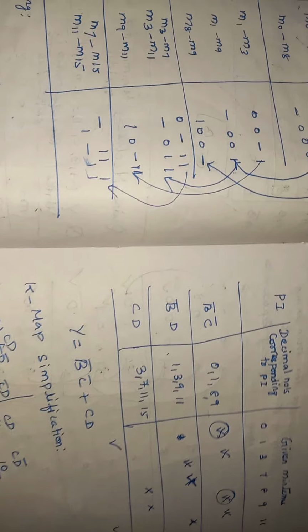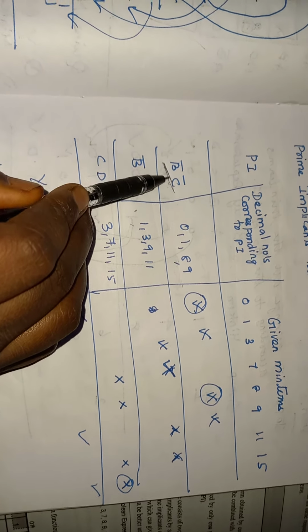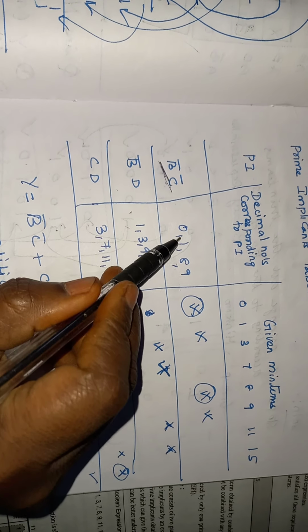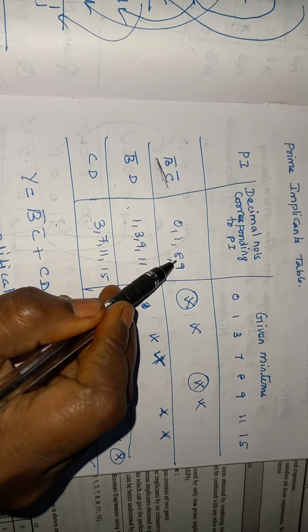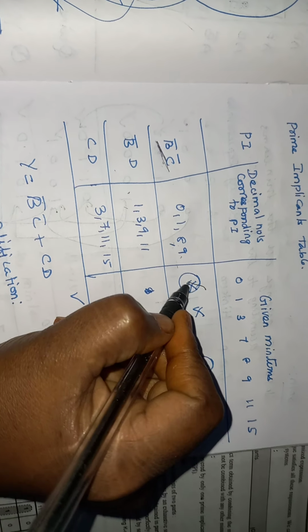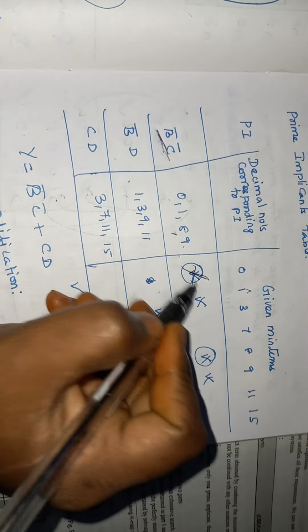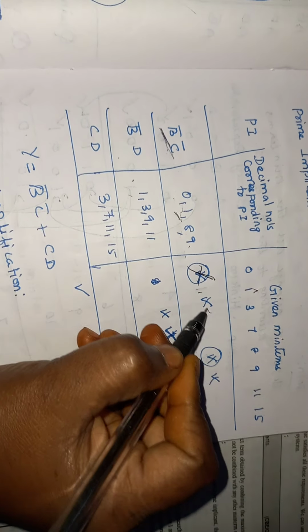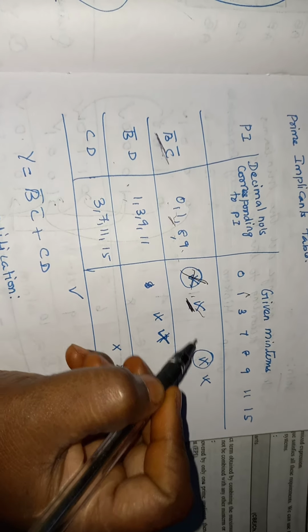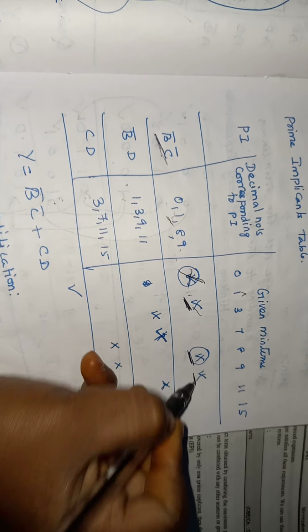So based on that, what you have to do is, for this prime implicant, you will be getting 0, 1, 8, 9 as a group. So you have to make a cross for 0 and 1. In the place of 1 you have to make a cross, in place of 8 also you have to make a cross, in place of 9 also a cross.